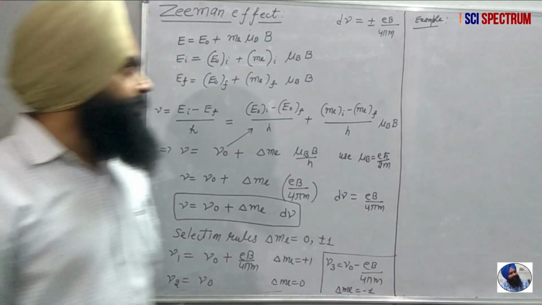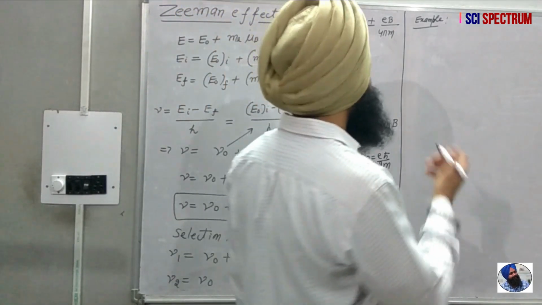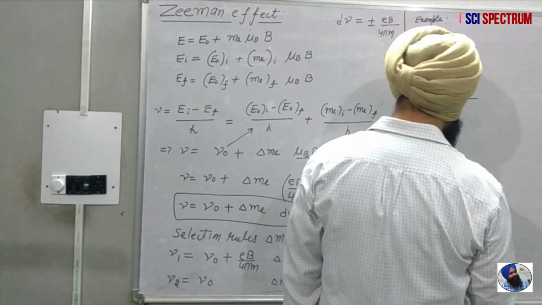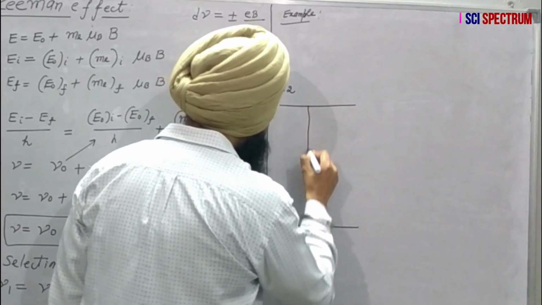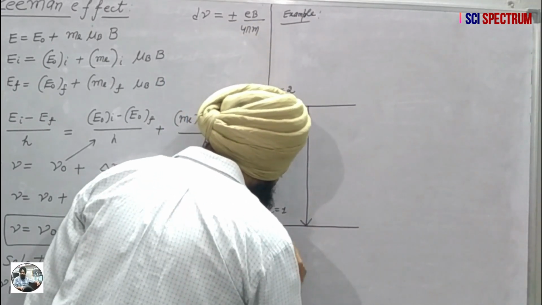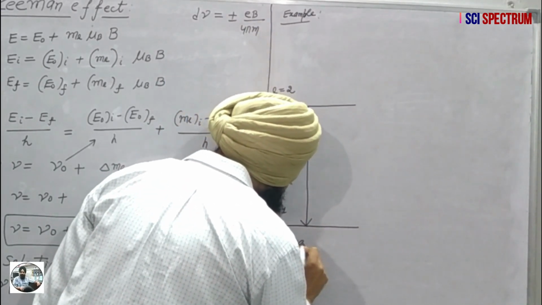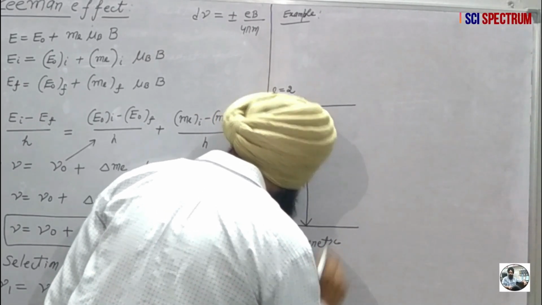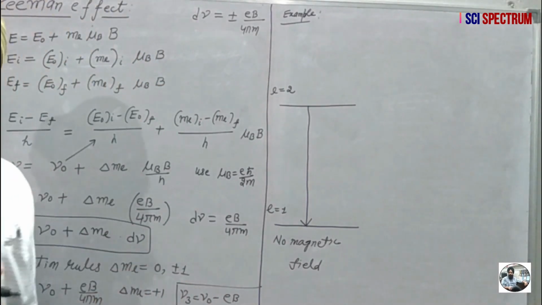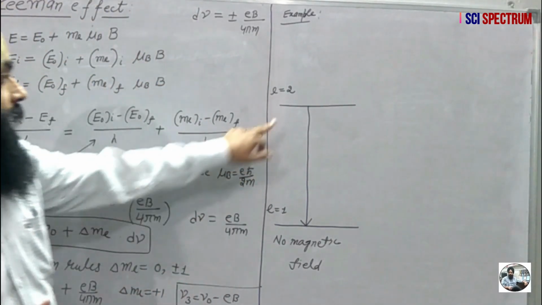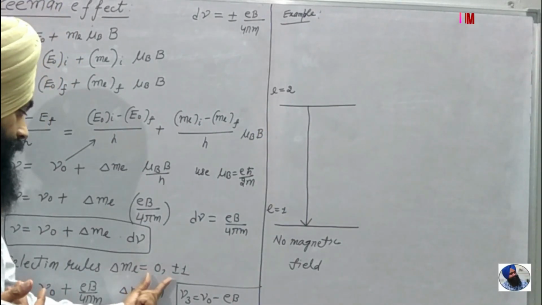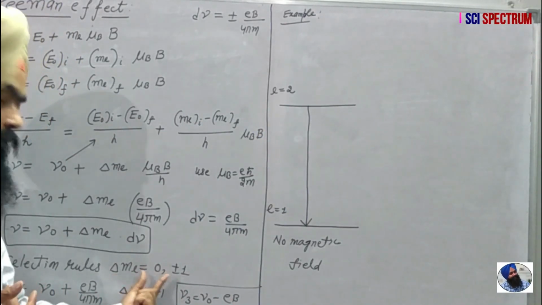So now let us take the example for the transition from here. The atom will de-excite to give a single spectral line with no magnetic field. But when the magnetic field is applied, these lines will be split into a number of lines according to this selection rule, Δm_l is equal to 0, ±1.